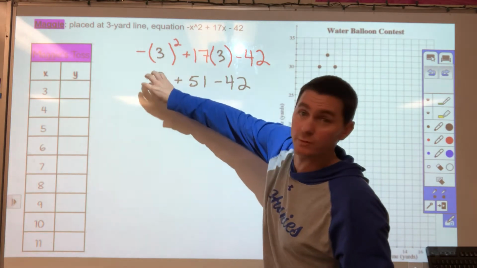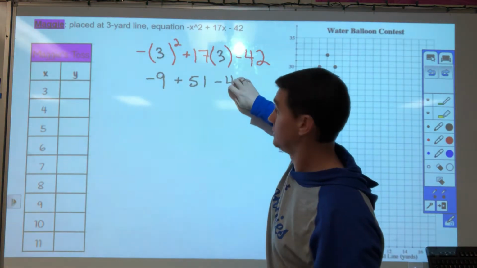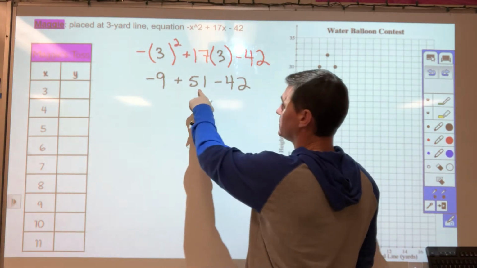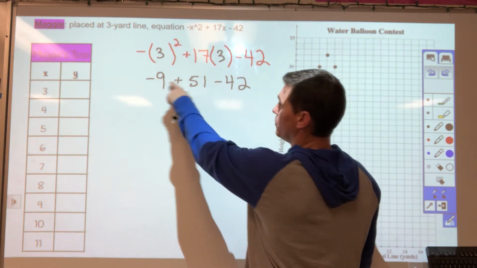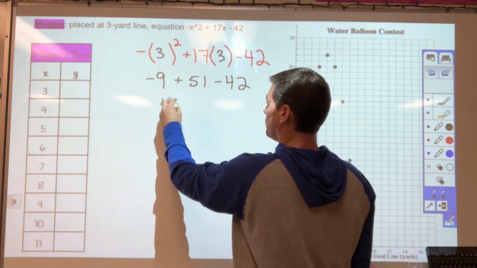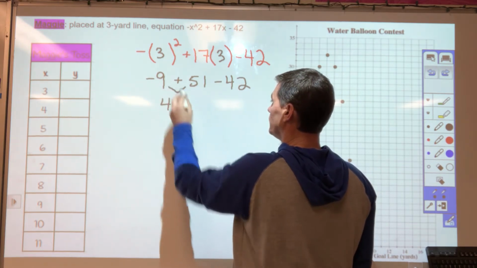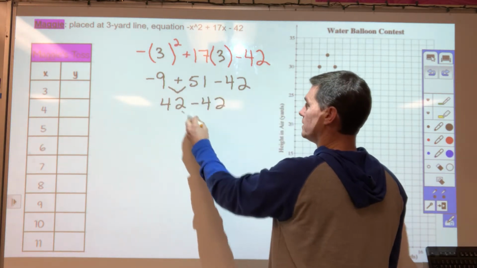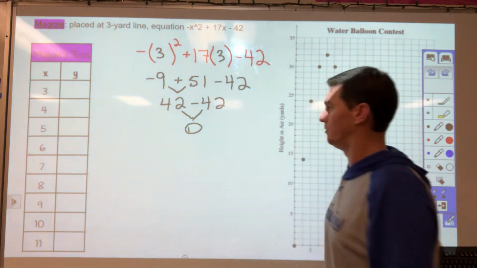When we do this, we always read from left to right. Negative 9 plus 51, that's the same as 51 take away 9, which gives us 42. And 42 take away 42, wait a second, that's just 0.